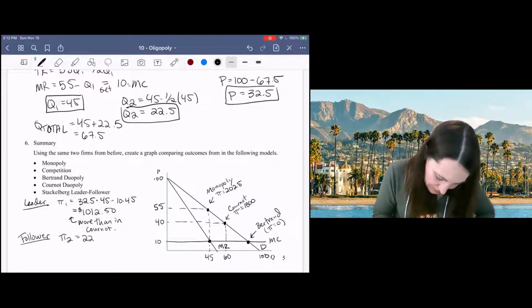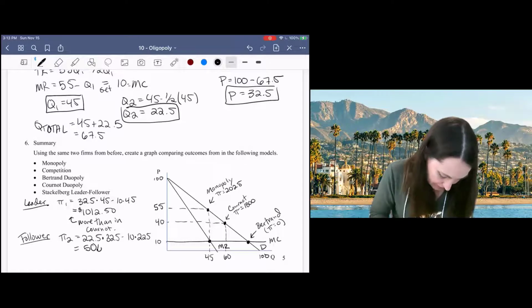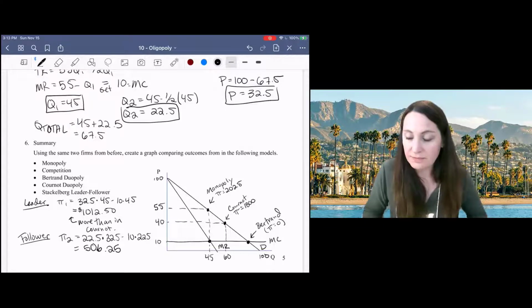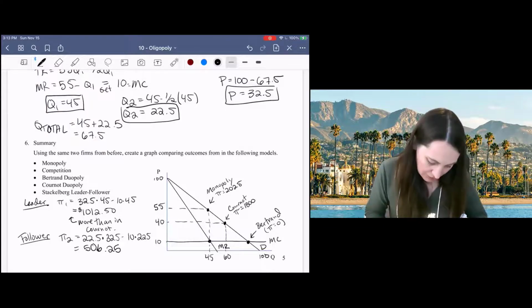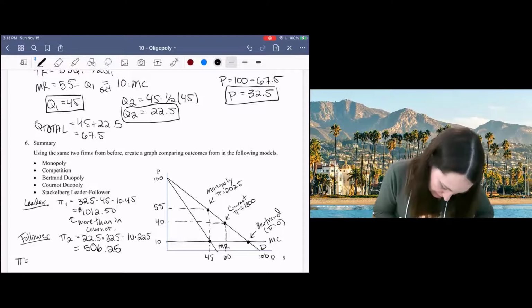So we've got here 22.5 times (32.5 minus 10) quantity. And then we've got a profit for the follower of 506.25. So that's less than in Cournot, and the total profit in the market is going to be less.